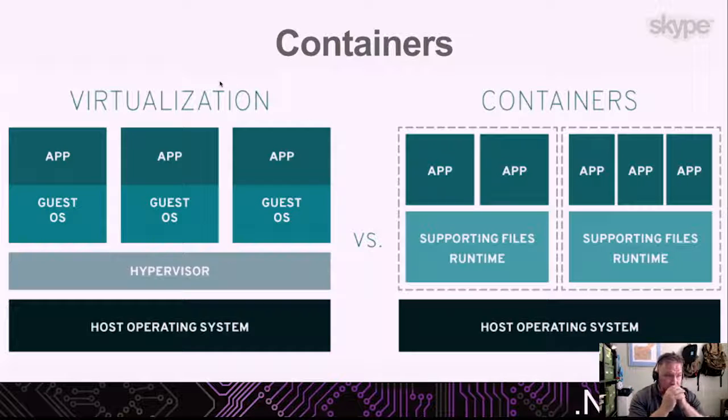Versus containers: the host operating system is Linux, and it doesn't matter which version of Linux you use, whether it's RHEL, Red Hat Enterprise Linux, or Debian or Ubuntu. It doesn't matter, because containers use the Linux kernel, and what runs in a container is known as an image.